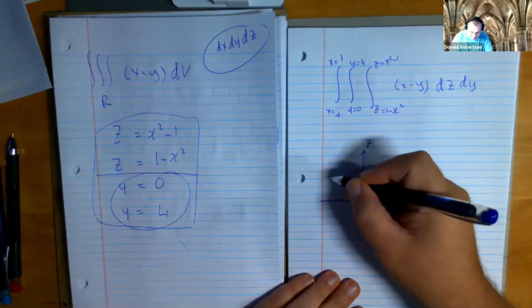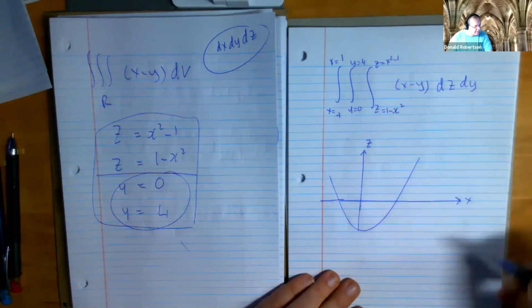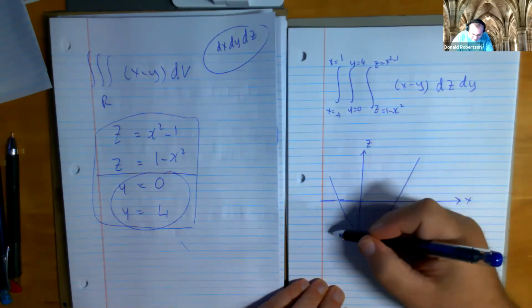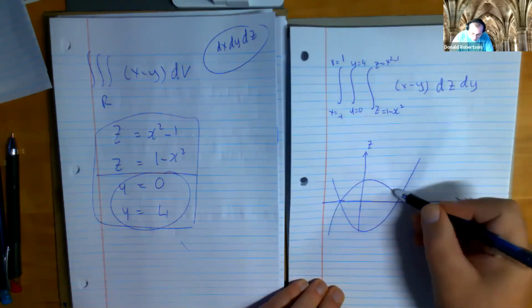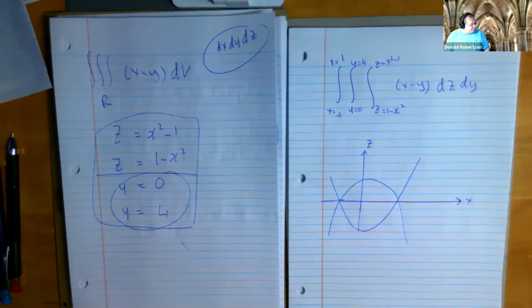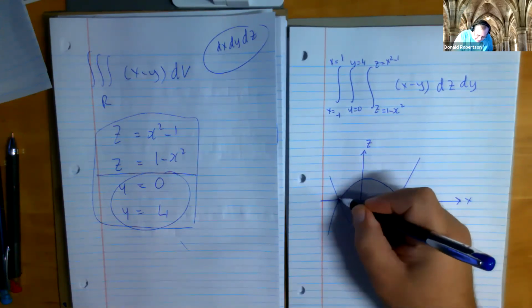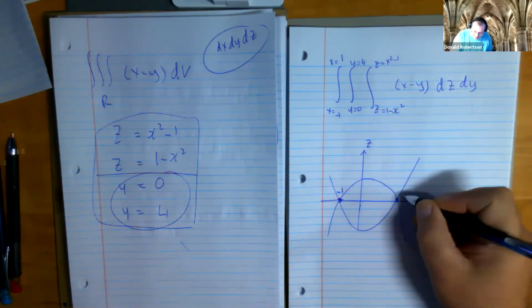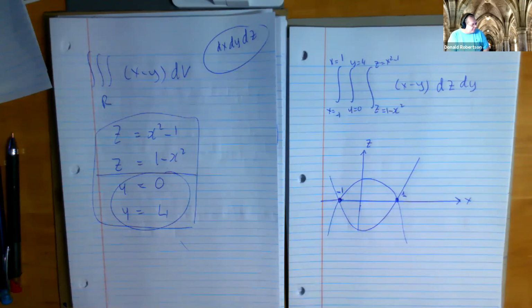It goes like that, right? And doesn't z equals 1 minus x squared go like that? And is it the place where they intersect negative 1 to 1? So that's the reason why it's negative 1 to 1.